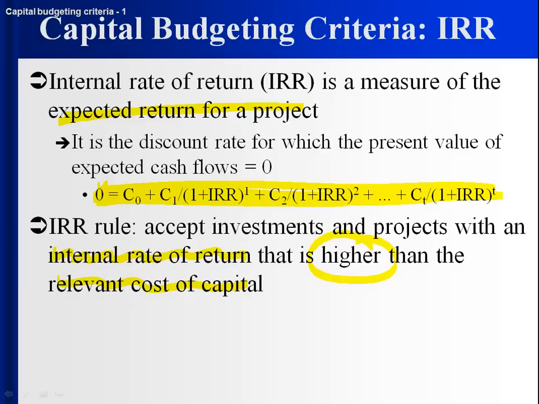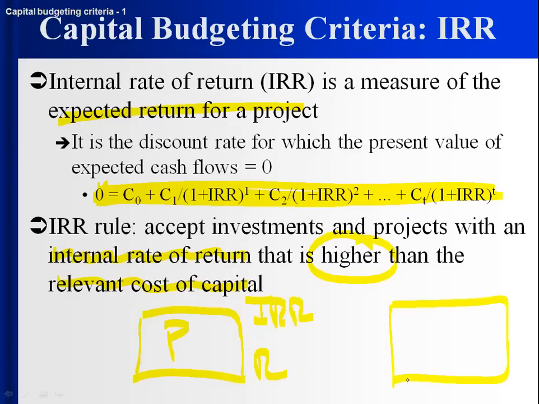And so here is the idea: you have a project with a certain level of risk, and it has a certain expected return as measured by the IRR. And then you've got stocks and bonds that have the same level of risk, and they have an expected return.